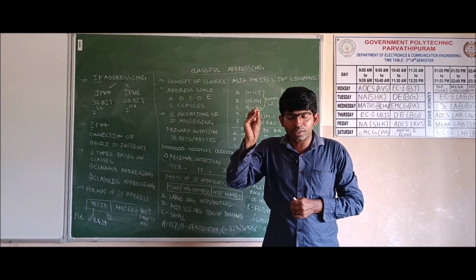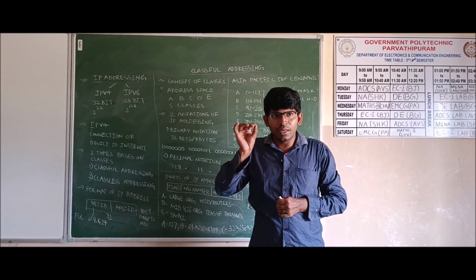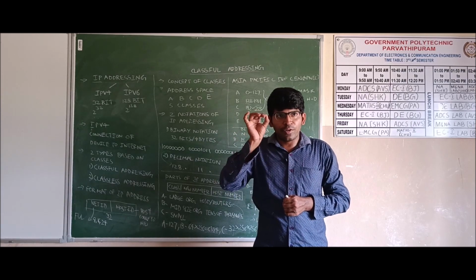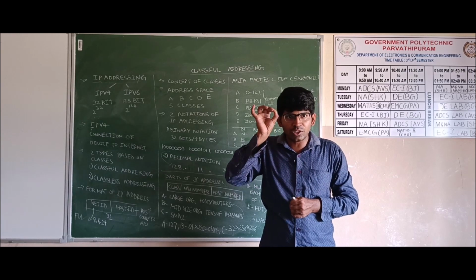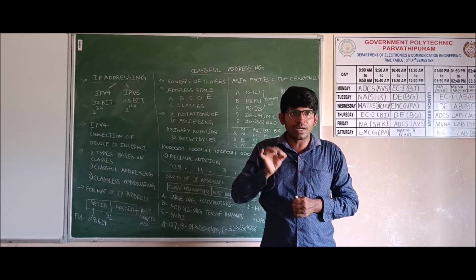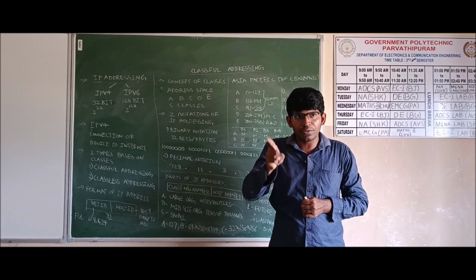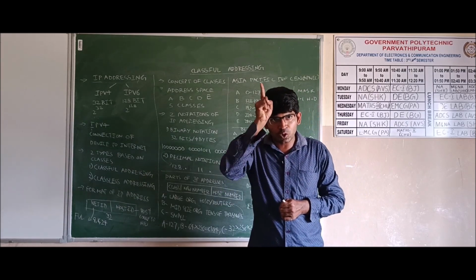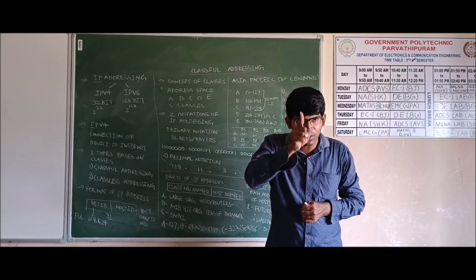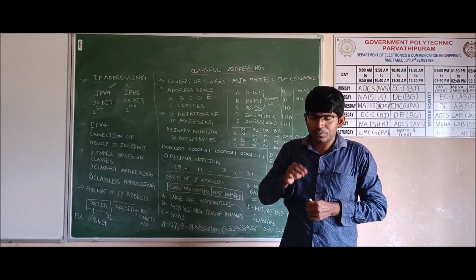If 100 devices are connected, and if each device is using a different network, remember my point, then for each of those different networks we have a different IP address.